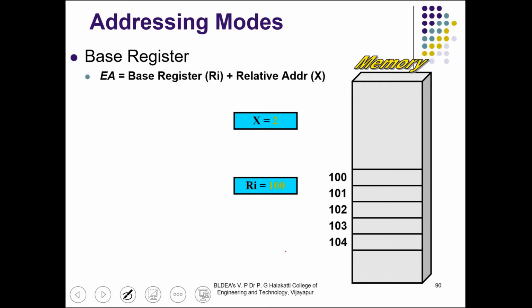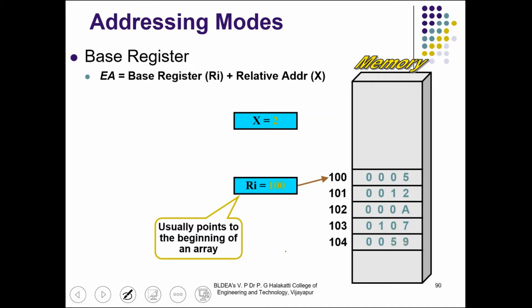Now if the base register is Ri and the relative address is X, then the effective address will be nothing but base register Ri plus relative address X. So here you can see, if Ri is containing 100 and X is containing 2, then the effective address that we are going to get would be 100 plus the content of X, which is 2.